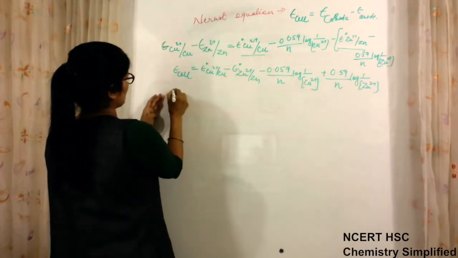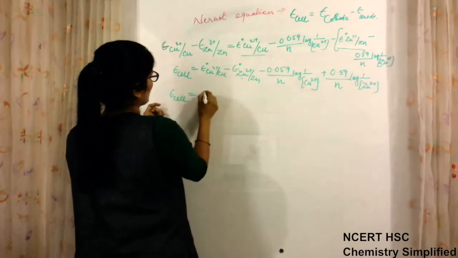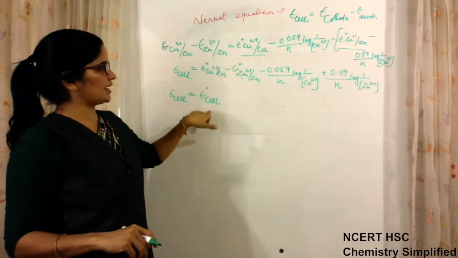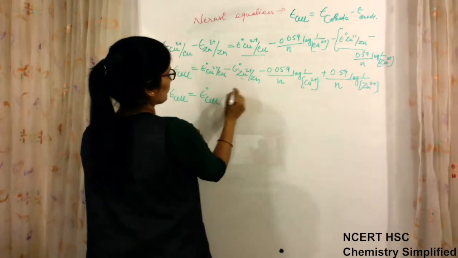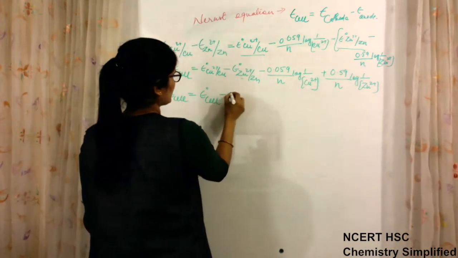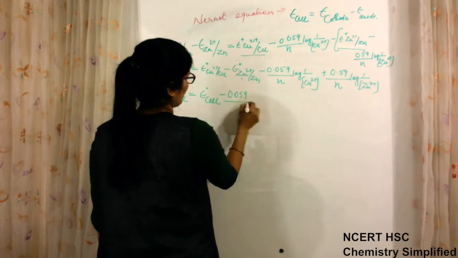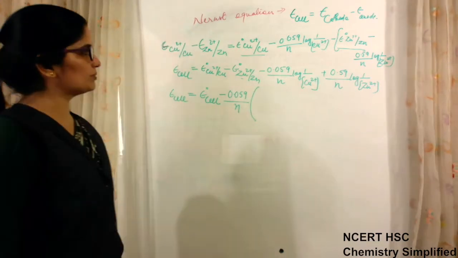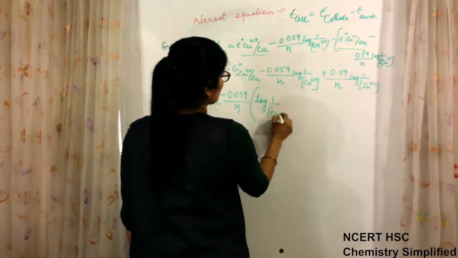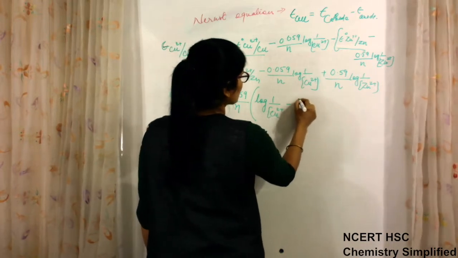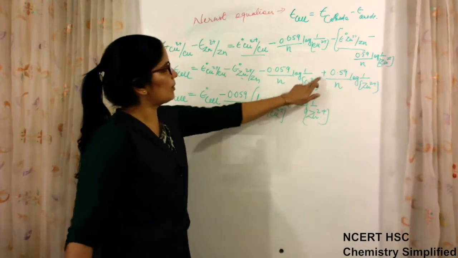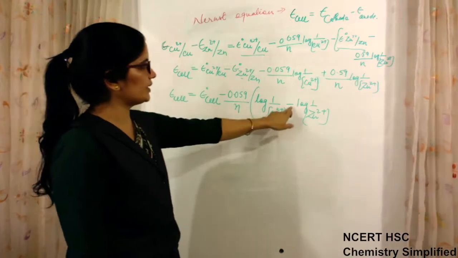Now I am writing E cell is equal to E standard of the cell, because cathode minus anode is E standard of the cell. Now this term and this term have a common 0.059 upon n. So minus 0.059 upon n I have taken common with the minus sign. What is left is log 1 upon Cu2 positive minus log 1 upon Zn2 positive. Minus sign also taken common, that is why we have a minus sign here.